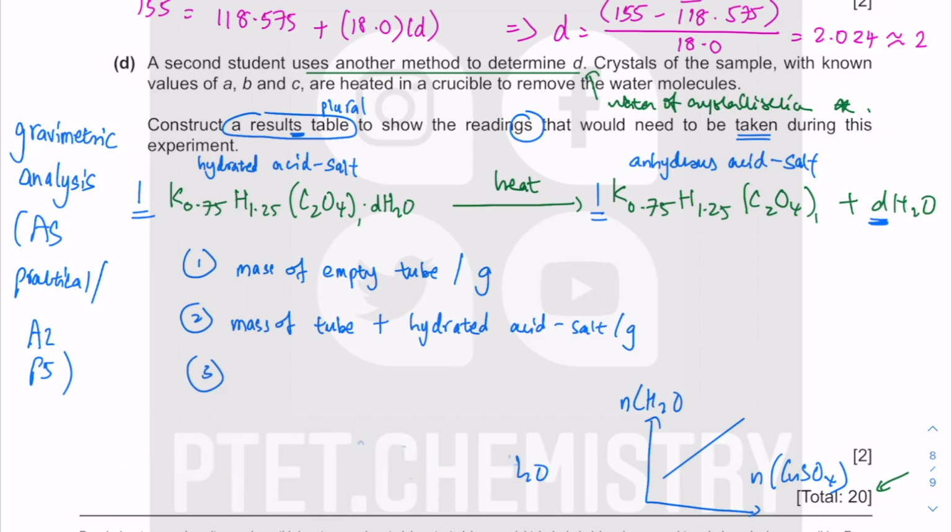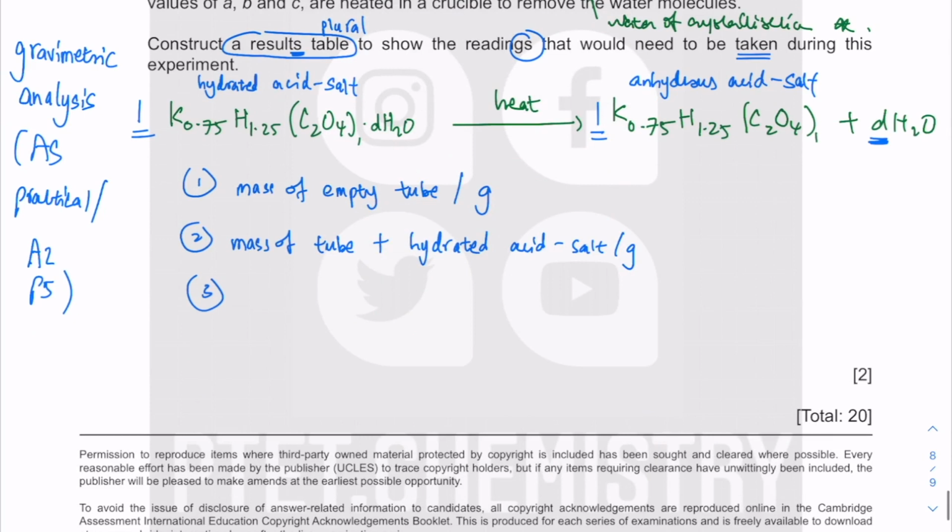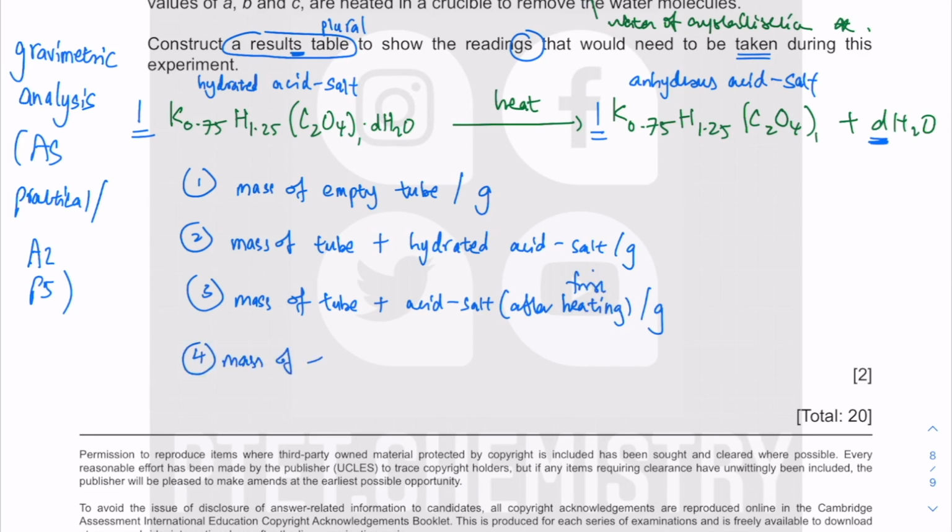I will rub out this thing because I really need the space, since I already outlined the idea to you anyway. Then this is before heating, and then the mass of tube plus acid salt after first heating, and then the mass of tube plus acid salt after second heating.